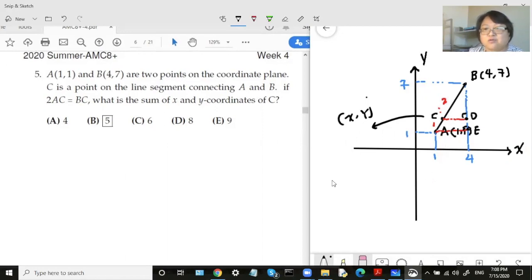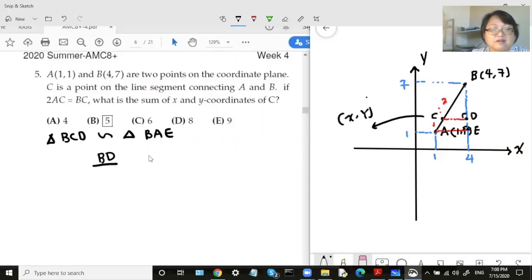So let's set the equations. First we have triangle BCD similar to triangle BAE. Then the corresponding sides: BD over BE equals BC over BA.